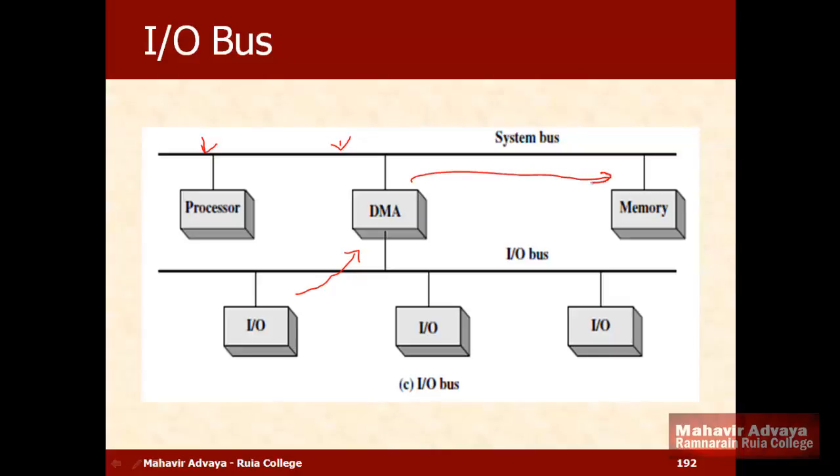At that time the system bus is utilized, and again when the memory is being read by the processor, the system bus is utilized. Till the time DMA is dealing with the data transfers, the processor is not accessing the system bus, and hence here the DMA takes the entire control of the input output devices with the help of the input output bus. This is how the DMA takes care of data transfer between the memory and the devices.